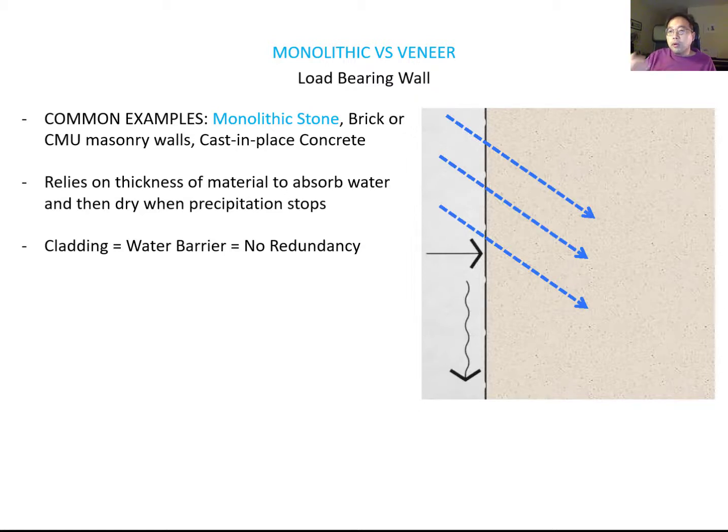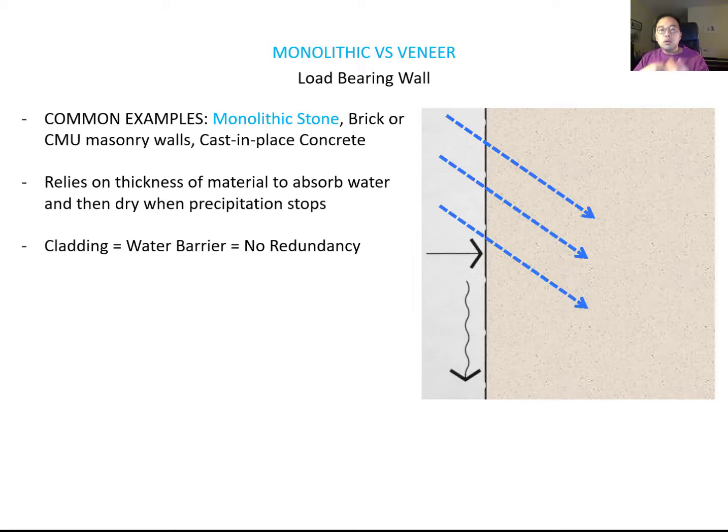The load-bearing wall supports the structure itself, and it also works as the exterior cladding. We remember the load-bearing wall requires huge thickness, right? It means most of the water is repelled and protected at the surface, but even if water gets into this thick wall, the thick wall absorbs all the water.